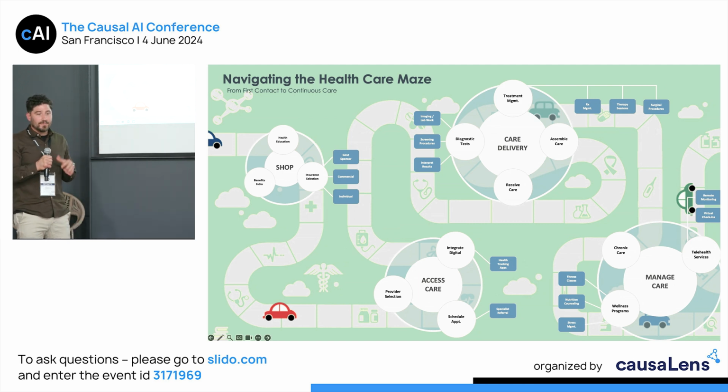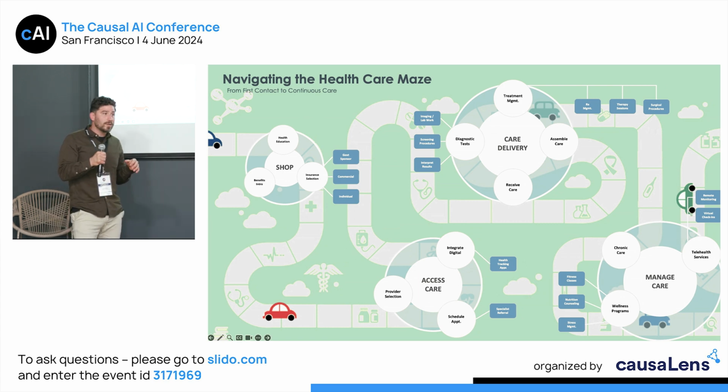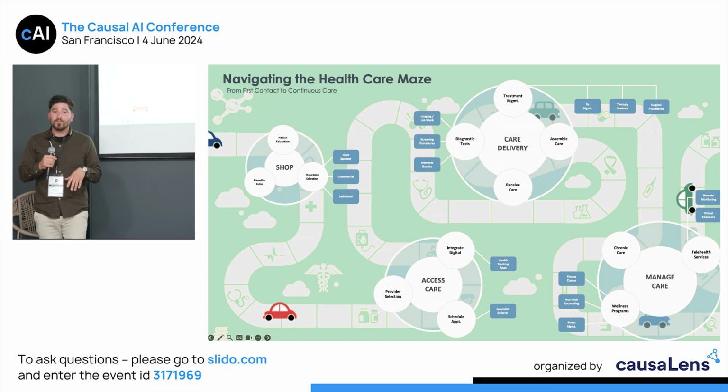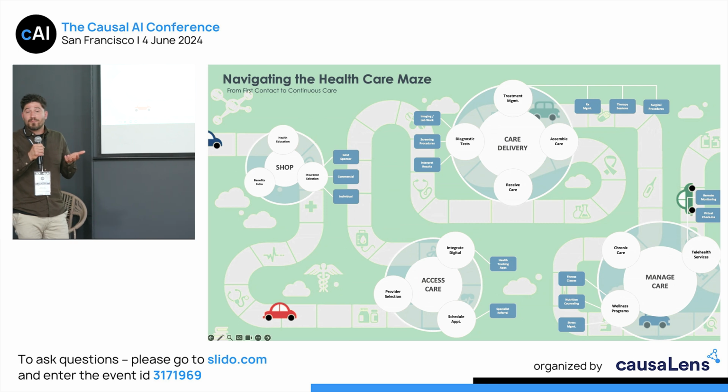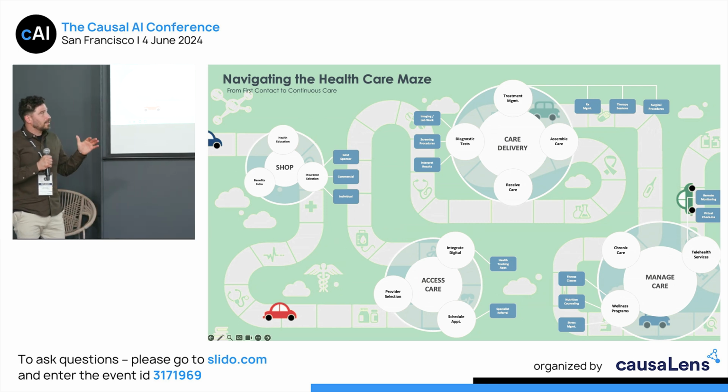The other decision point is provider selection. You can go through a fully integrated healthcare system like Kaiser Permanente, you can go through an in-house network like Sutter Health or John Muir, or you can go through a private practice.